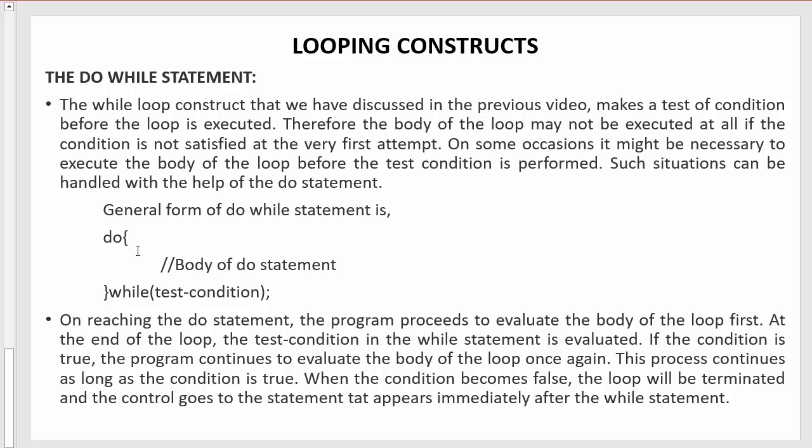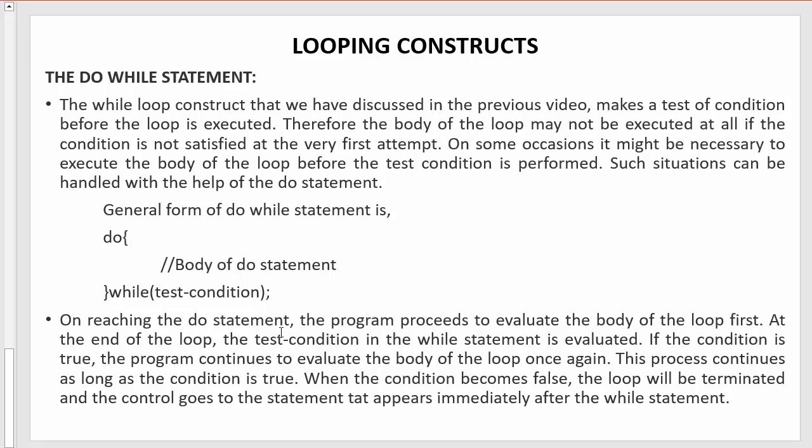Here you can see I have written down the syntax of the do while statement. It starts with the do keyword followed by the body of the do statement, and then while with the test condition, and ends with a semicolon. You need to remember this: the do while statement always ends with a semicolon.